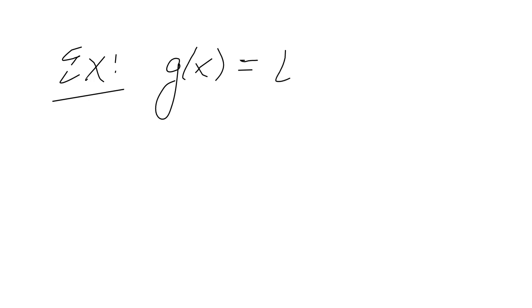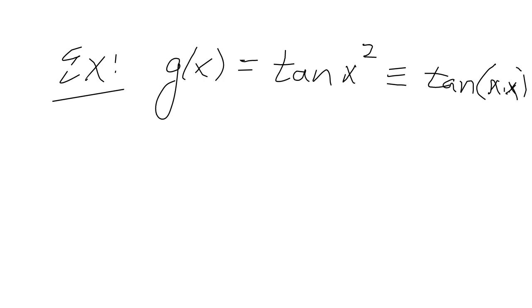Let's look at a different example that's kind of like what Luke said. If I have g of x equals tangent of x squared, well, that's not tangent of x times tangent of x. This is tangent of x times x, right? So it's different.